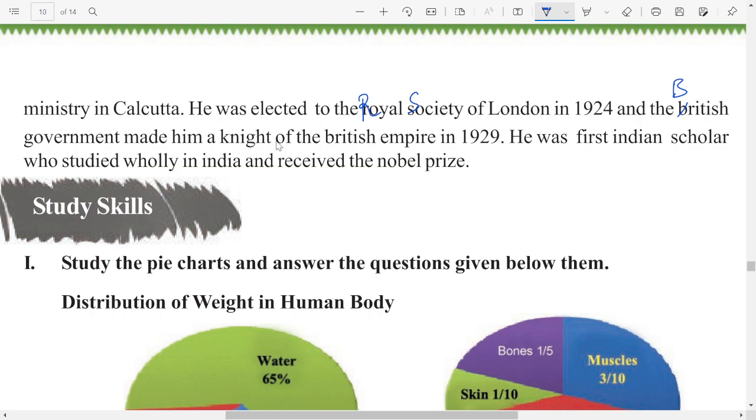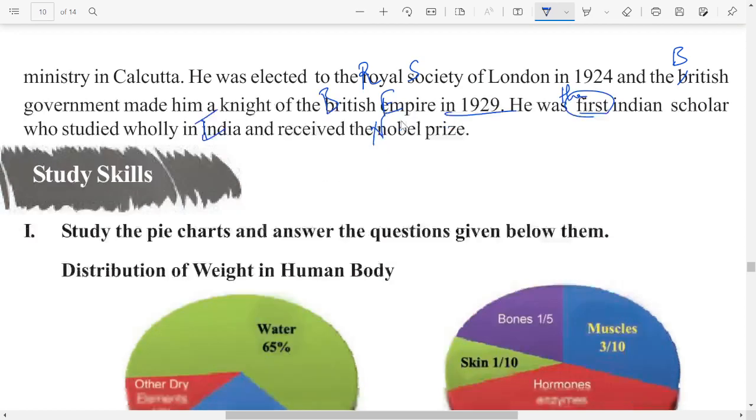Government made him a knight of the British Empire, again B capital, E capital, in the year 1929. He was the first Indian scholar, because when you are using the first, second, third, last, final, you have to use the article. Indian scholar who studied wholly in India, I capital again, and received the Nobel Prize, N capital. Okay, so these are the errors that you have to note down here.